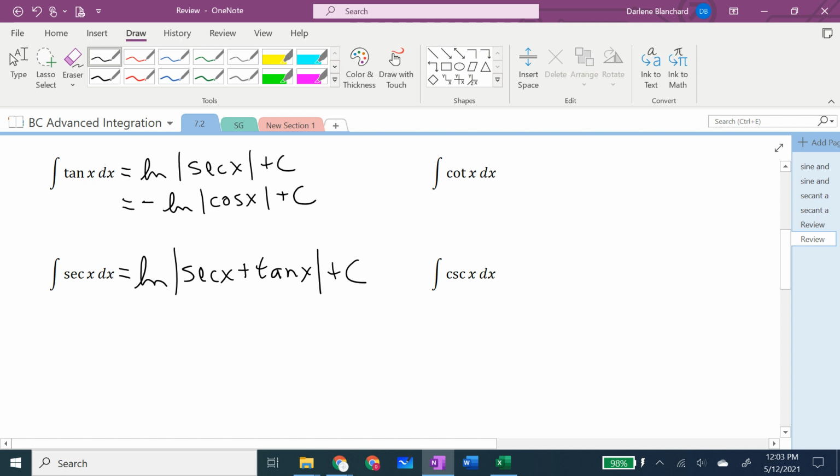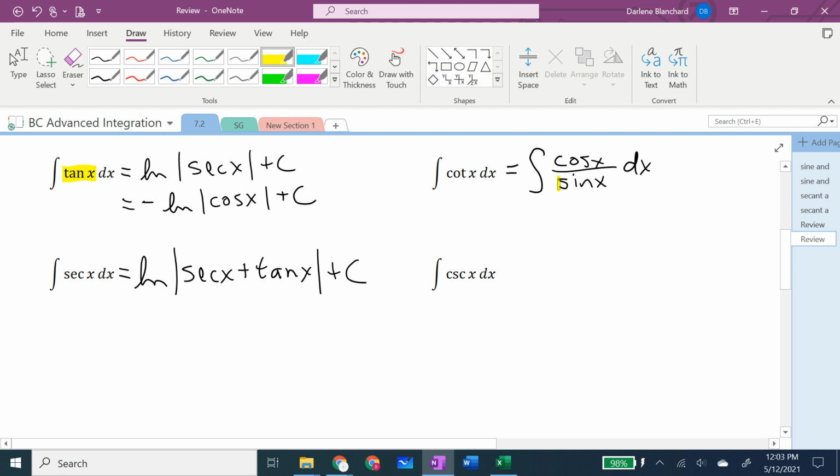Now, we have cotangent and cosecant left. We're going to go about finding them in a way similar to the way we found their non-co-conspirators. When we looked at finding the integral of tangent, we changed it into its sine-cosine nature. What is cotangent in terms of sine and cosine? And then what do I want to make my u?